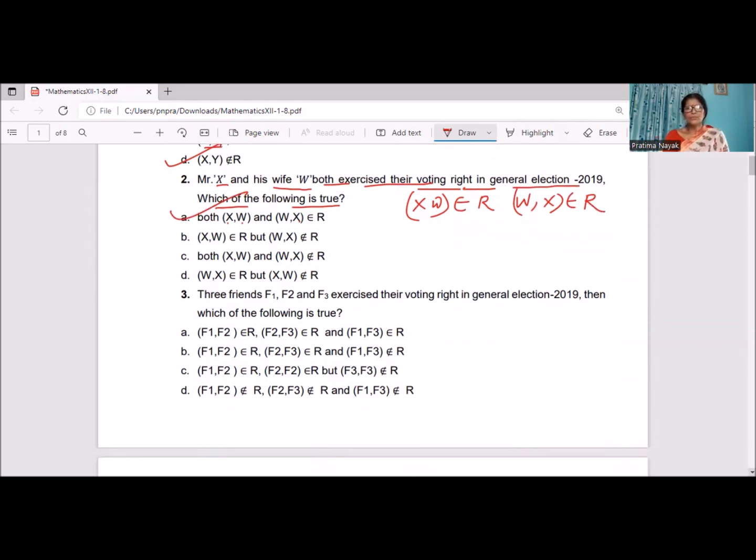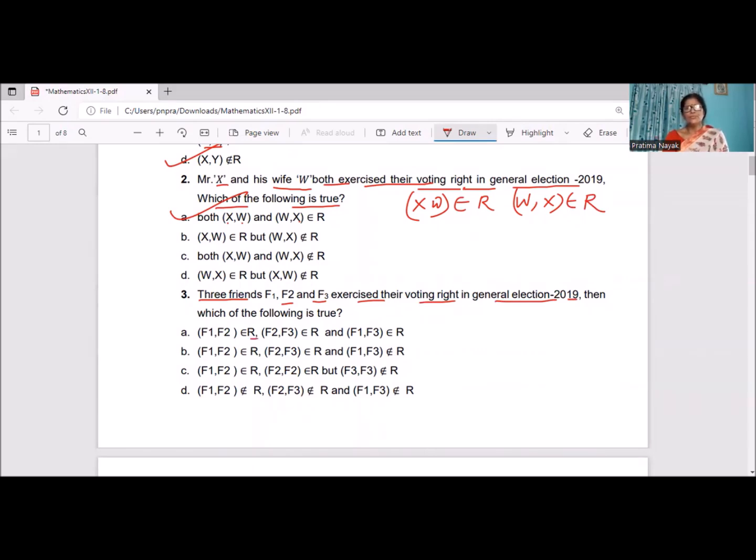Now coming to question number 3. Three friends, F1, F2, F3, friend 1, friend 2, friend 3, exercised their voting right in the general election 2019. Then which one is true?